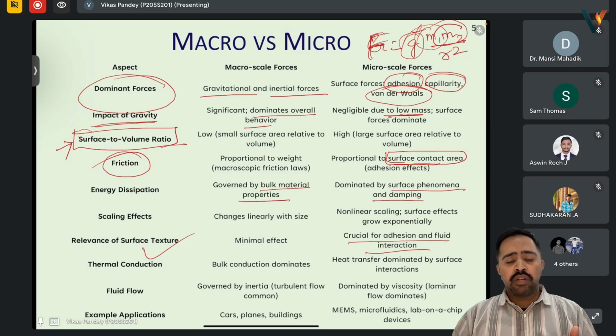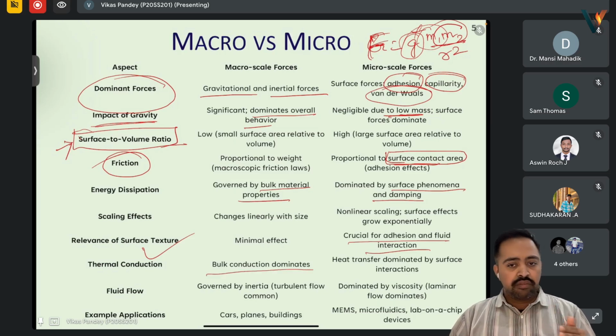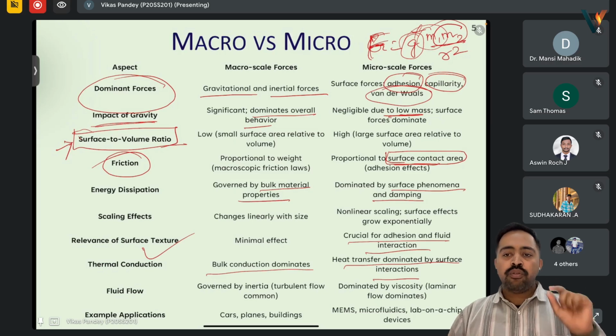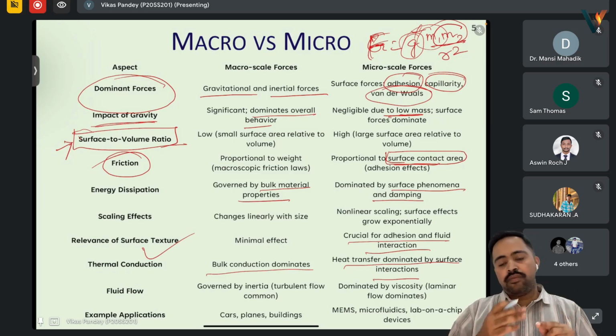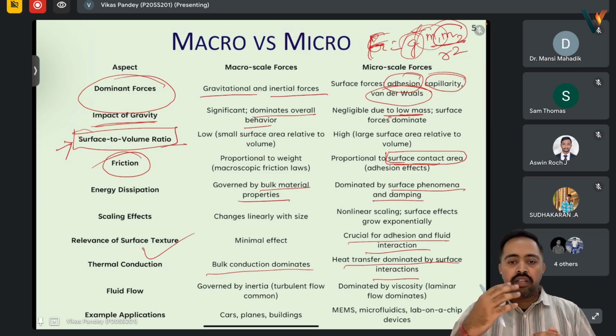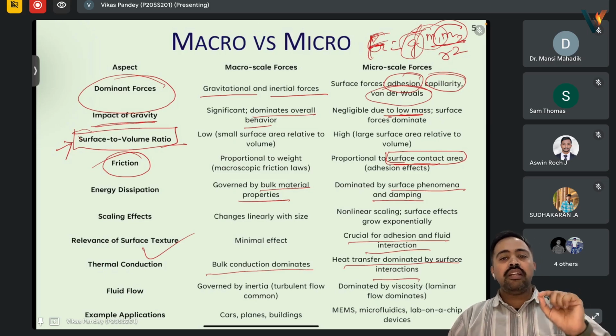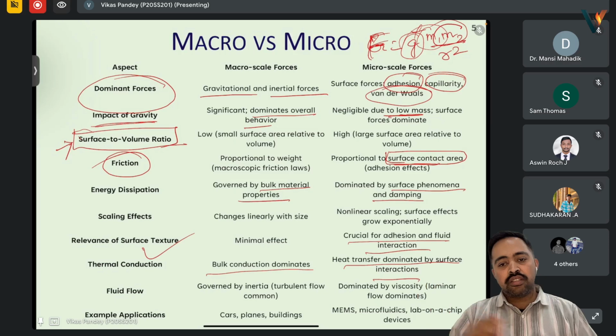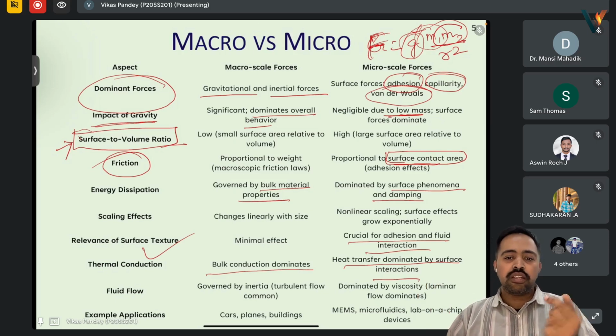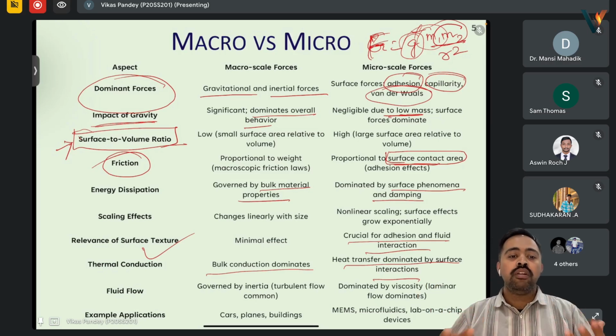In case of thermal conductivity, again bulk conductivity will be there, and in case of microscale devices, it will be through surface interaction. Since there is not enough bulk for thermal conductivity or other things to happen through the bulk, the device is thin enough that it is almost equal to the thickness of the surface that we talk about in case of bulk devices.